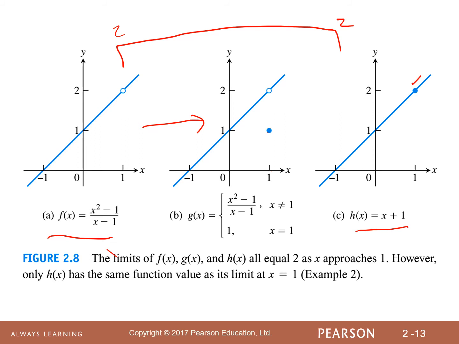So now the three functions, okay, how are we going to represent this function? Now it has two parts, and this is called a piecewise function. The first part is allowed for x not equal to 1. When x equal to 1, the value of f of x equal to 1, okay? So this is a piecewise function. You're going to be dealing with piecewise functions quite a bit, okay?